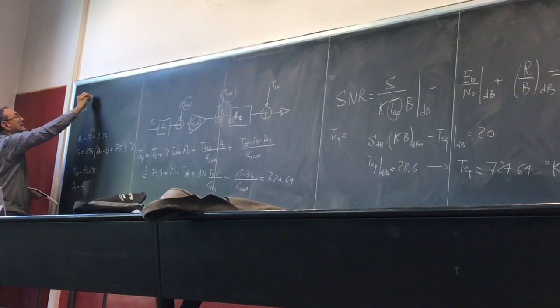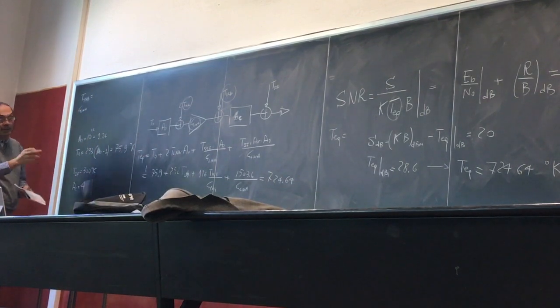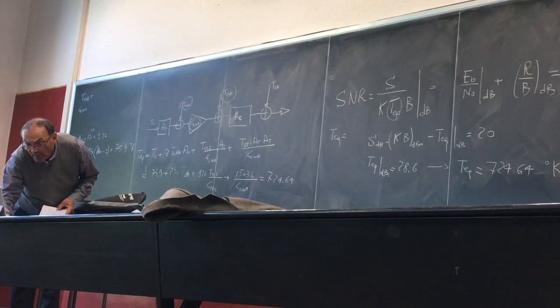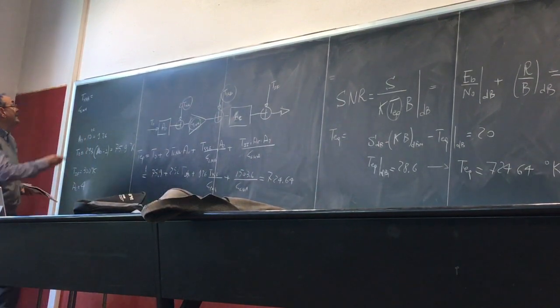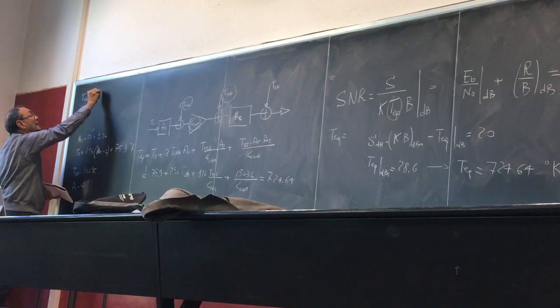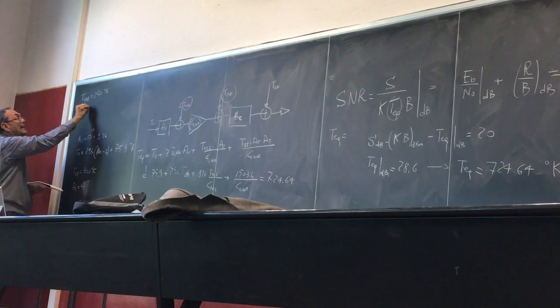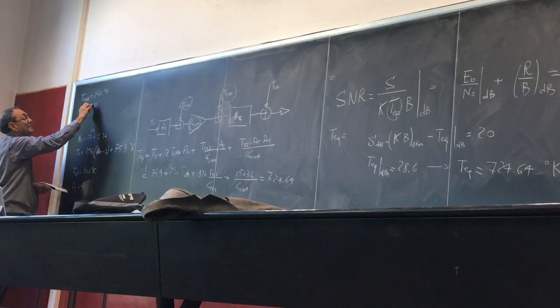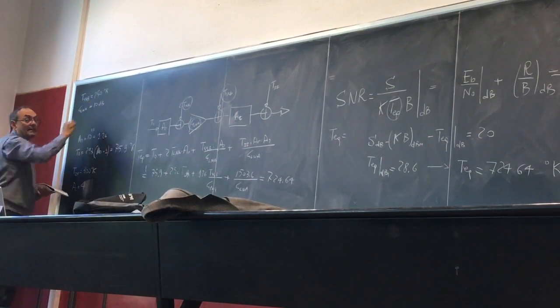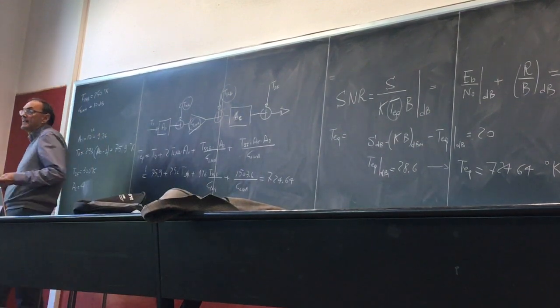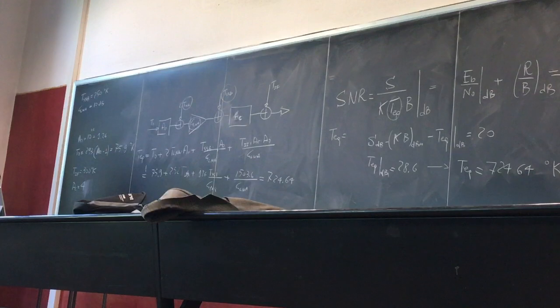For instance, we can assign TSSB, it must be larger than 150, so we can assign, for instance, 250 Kelvin degrees. And we can assign GLNA equal to 10 dB. It must be lower than 15 dB, so this is well inside the requirement.